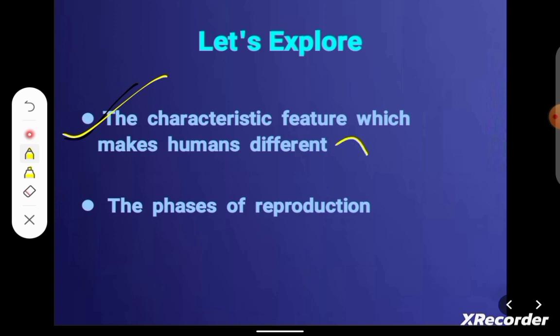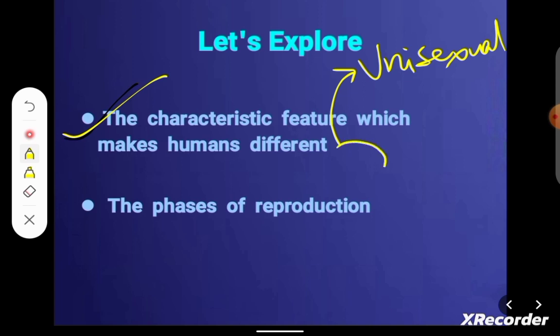The first one is, I'm writing here only. The first one is they are unisexual. That means either the male or the female reproductive part is present in the organism.